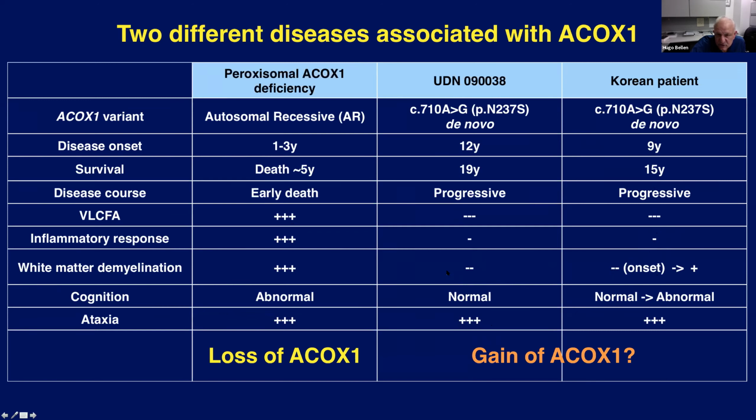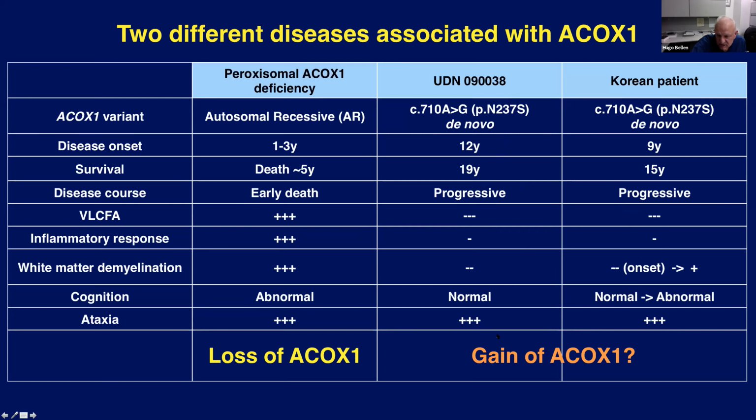And this is also what happened in this patient. He also developed a late white matter demyelination. So same mutation. In fact, there are now 7 patients with exactly that same amino acid change, and they all show a very similar phenotype.